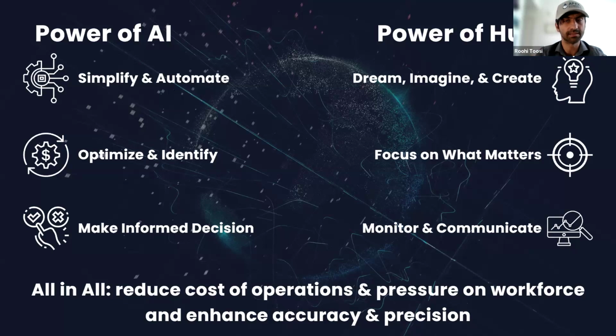But again, I want to emphasize that human beings have powers. We are not going to be eliminated in this process. We are there to dream, imagine, and create. AI can never do that, because AI only recreates, regenerates, reimagines based on available data.